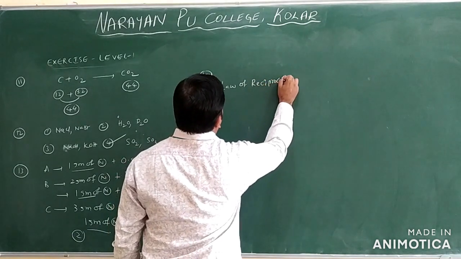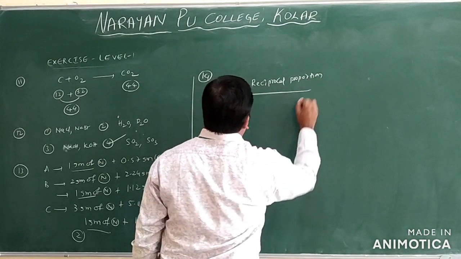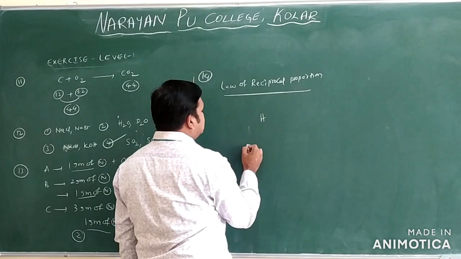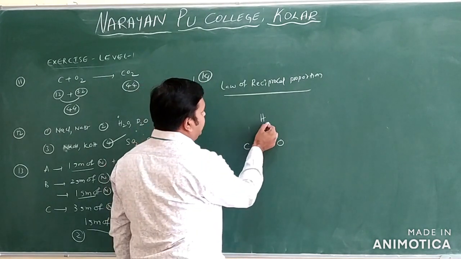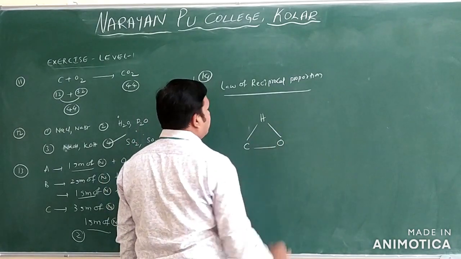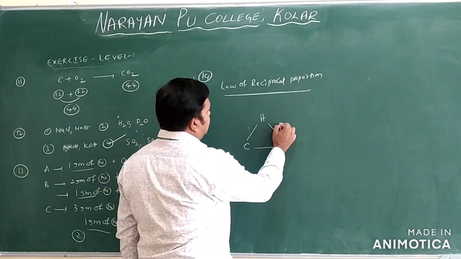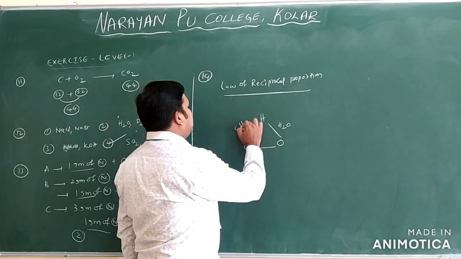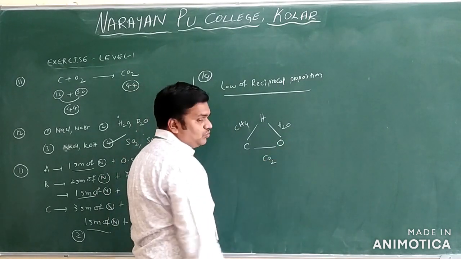Law of reciprocal proportion. I want to take one example and explain. I want to take here hydrogen and carbon and oxygen. Hydrogen may be combined with oxygen, hydrogen may be combined with carbon, carbon may be combined with oxygen only. If hydrogen and oxygen combine, they will form water here. If carbon and hydrogen combine, they will form CH4 here. If the carbon and oxygen combine here, CO2 only.